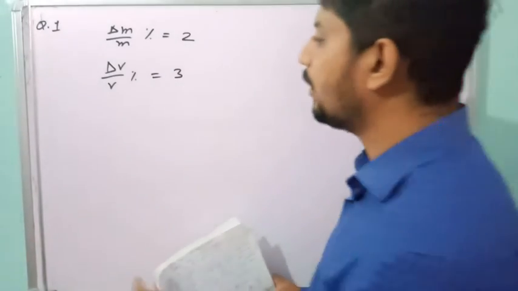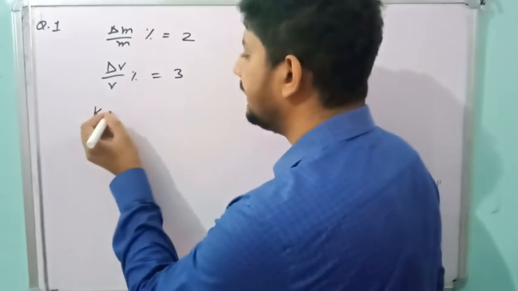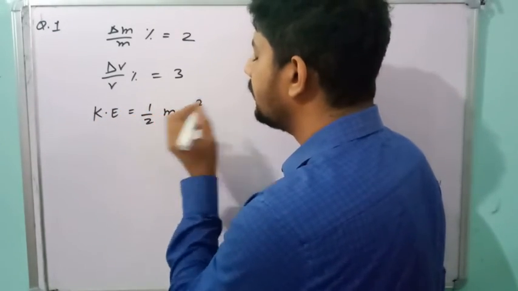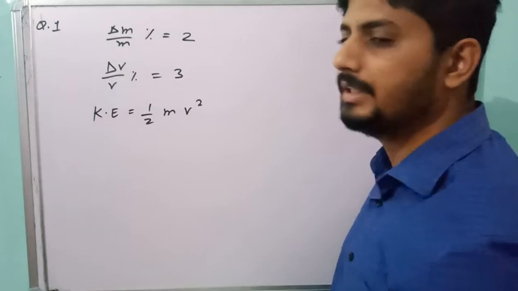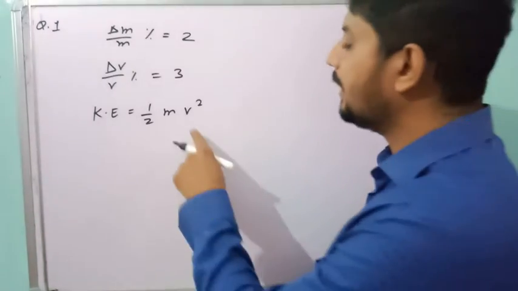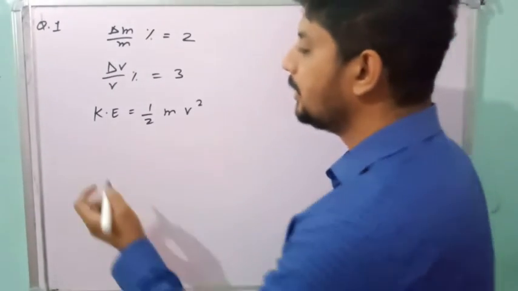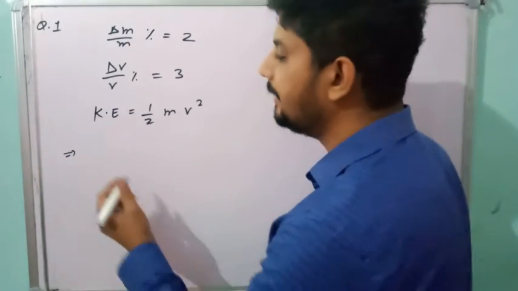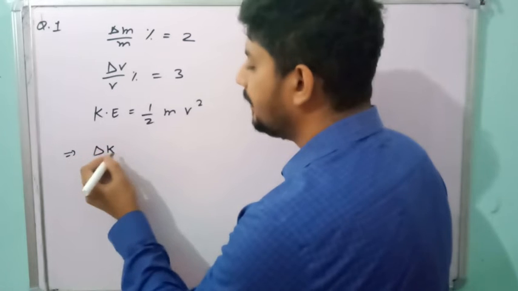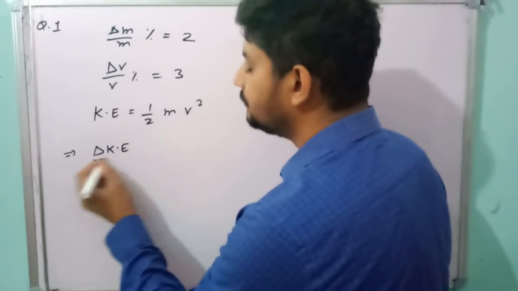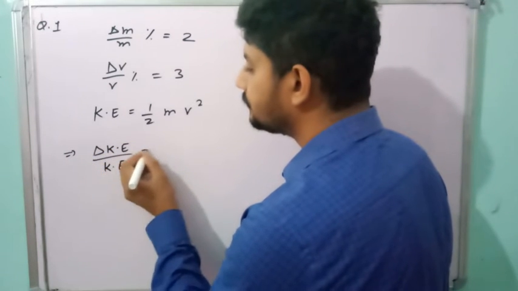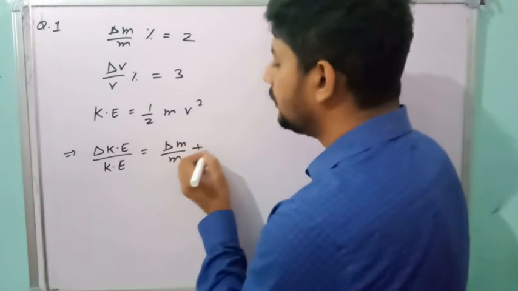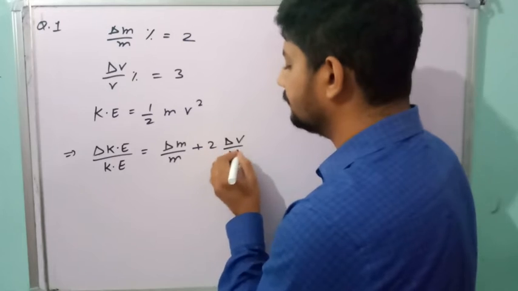The kinetic energy formula, all of you know, is kinetic energy equal to half of mv square. Here mass and velocity are in product, and velocity is raised to power 2. So the relative error in kinetic energy is equal to relative error in mass plus twice the relative error in velocity.